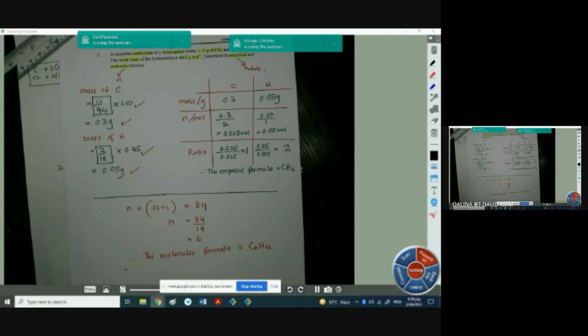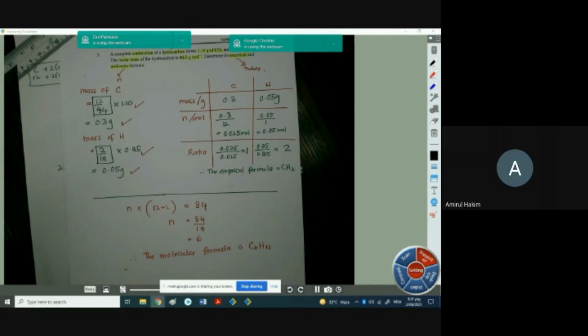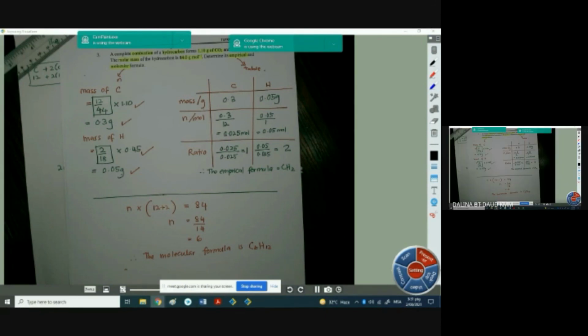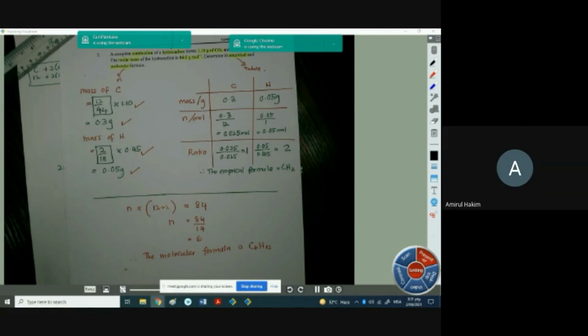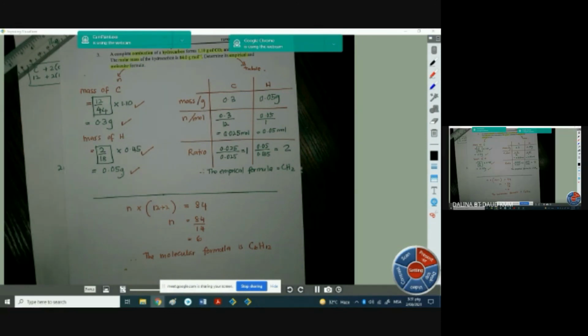Okay, Amirul Hakim, apa masalah? Sama juga. Nanti saya tanya PTM lah apa cerita.